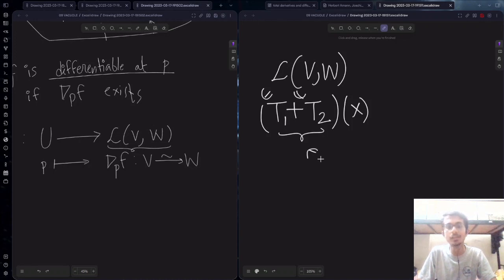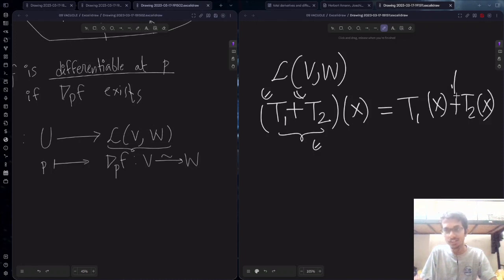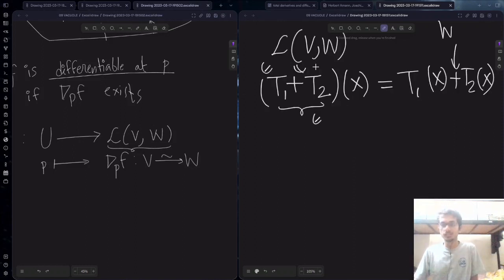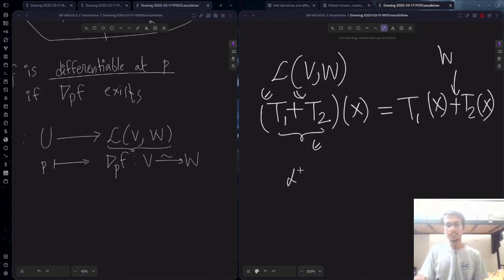where it will define a new element in the same set in this way: T1 of x plus T2 of x, where this addition is happening in W, because T1 of x is an element of W and T2 of x is an element of W. And similarly, I can define a scalar multiplication.